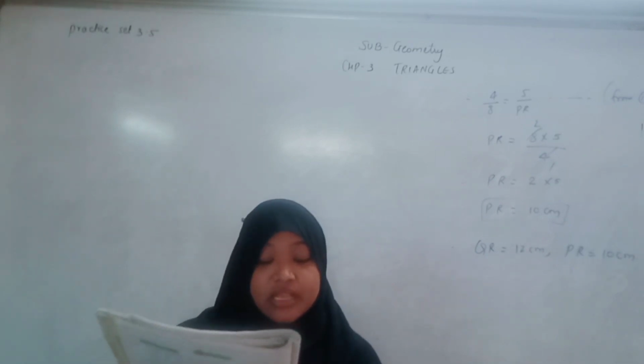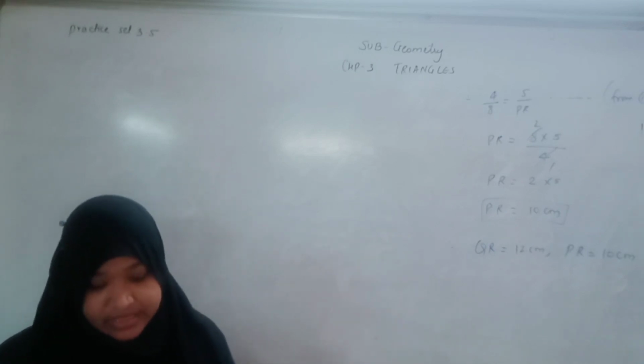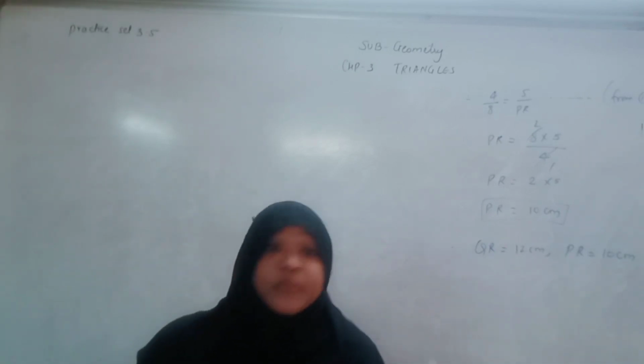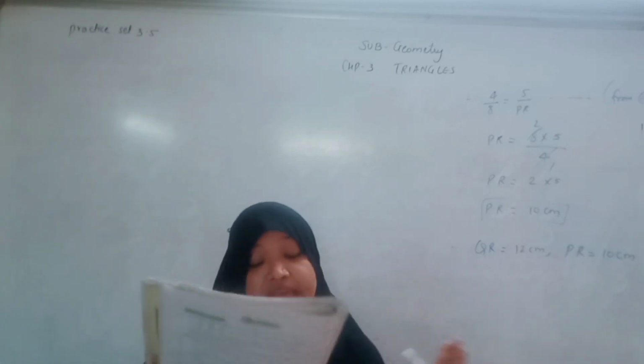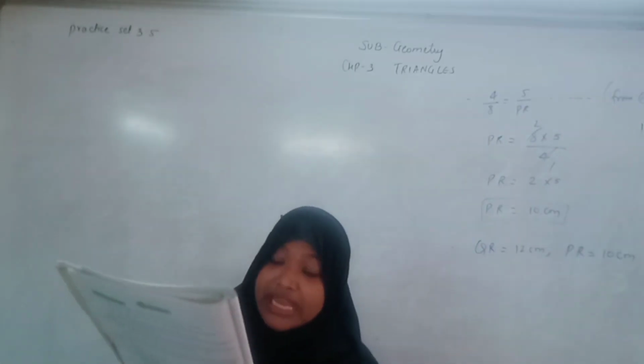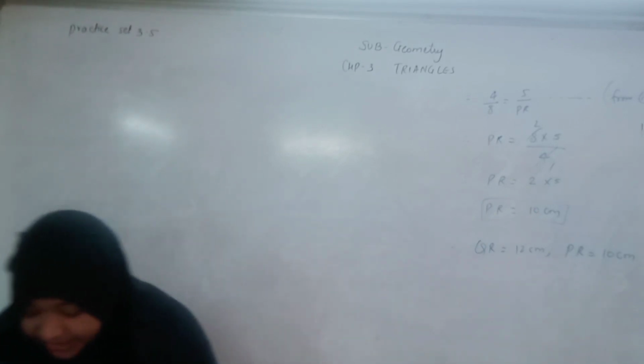Show the corresponding angles by the same sign. You have to show the corresponding angles by the same sign, please remember. And show the length of the corresponding sides by numbers in proportion. Numbers in proportion, okay? Shall we start?